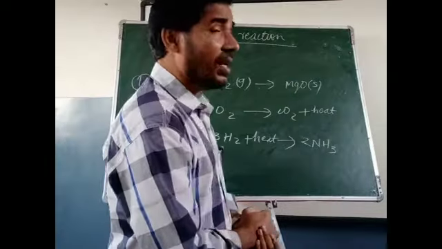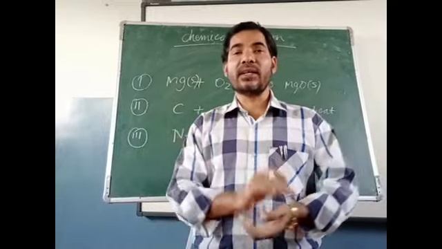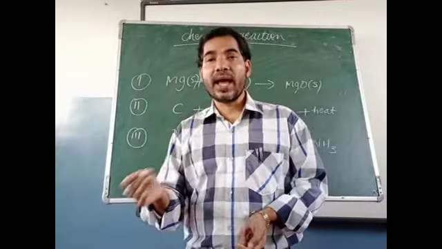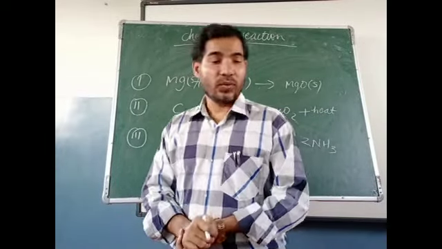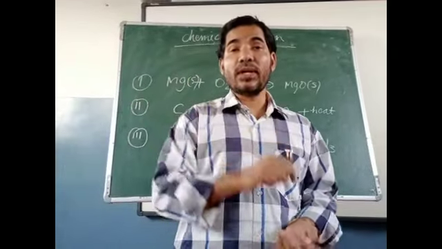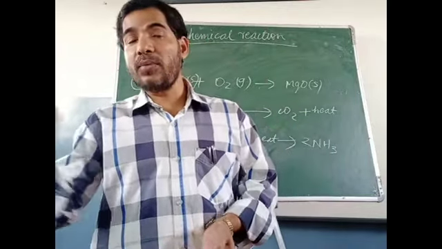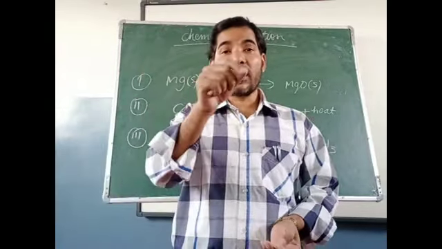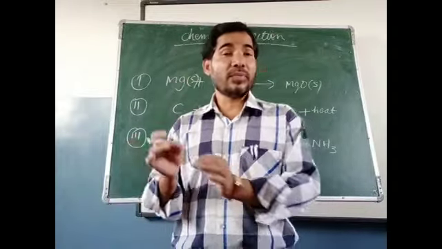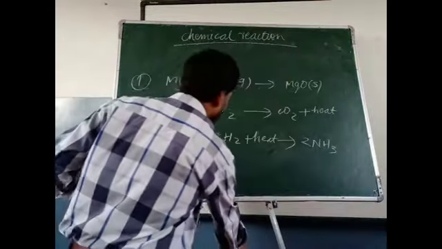Now, third importance. By using chemical equation, we can identify which reaction is conditional. It means in some reactions, condition plays an important role. For example, when calcium carbonate, CaCO3, is heated, it breaks into calcium oxide and carbon dioxide. Here, the heating process is a condition, because without heating, calcium carbonate cannot be broken into calcium oxide and carbon dioxide. For this I am going to write the equation on the board.